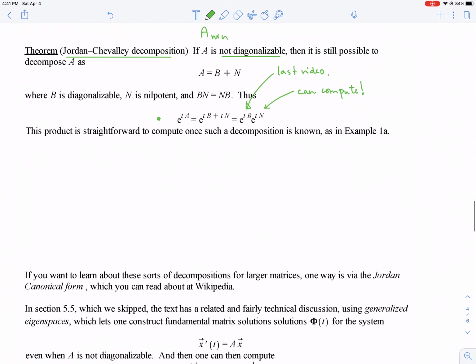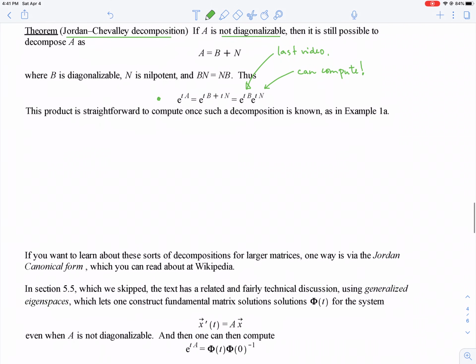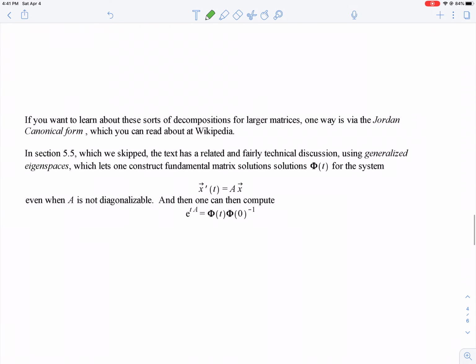All right, so let me just say a few words about this Jordan-Chevalley theorem. One way to understand it is via a better known theorem, which is called the Jordan decomposition theorem, which says that every matrix A is similar to a matrix in Jordan canonical form, which is like the next best matrix you could have after a diagonal matrix.